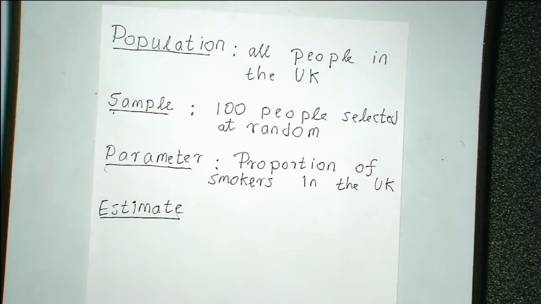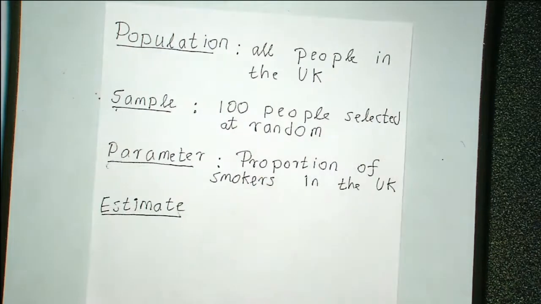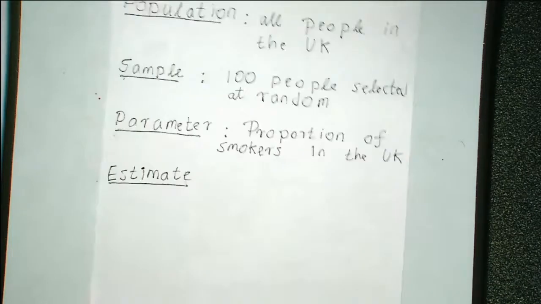So that's once again impossible to compute, because there are millions of people in the UK, and you want to find out exactly what proportion of them smoke. It is not a job you can do, right? So what you do is you draw a sample, say 100 people. And out of the 100 people, you can ask them how many of them smoke, right?